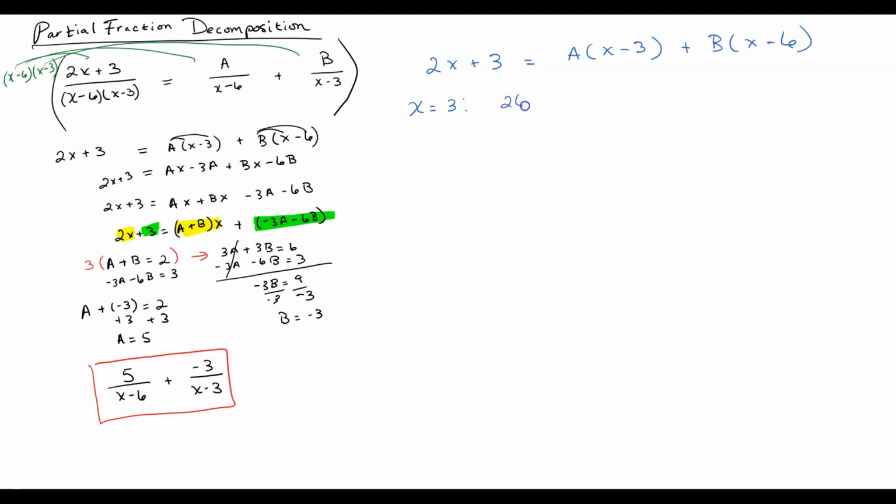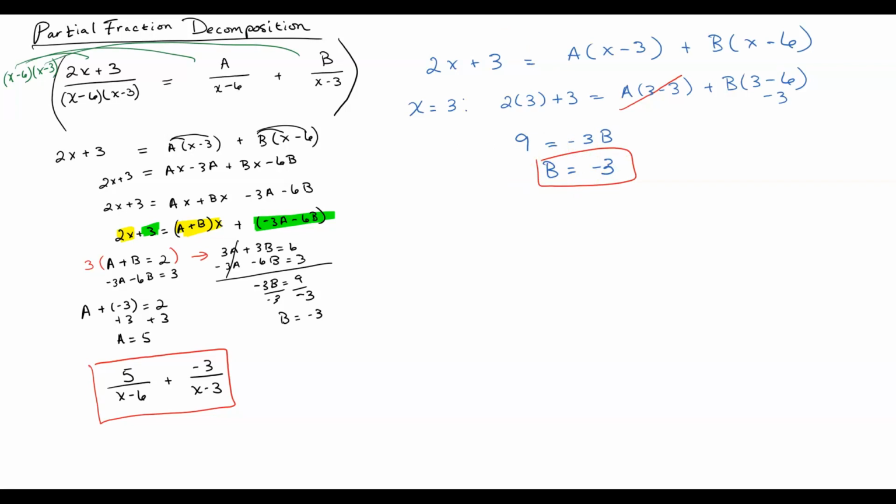If x = 3, I have 2(3) + 3 = A(3 - 3) + B(3 - 6). I picked x = 3 because x - 3 will set the A term to 0. This leaves me with 2 times 3, which is 6, plus 3, which is 9, equals -3B. So B just equals -3. There's my B.